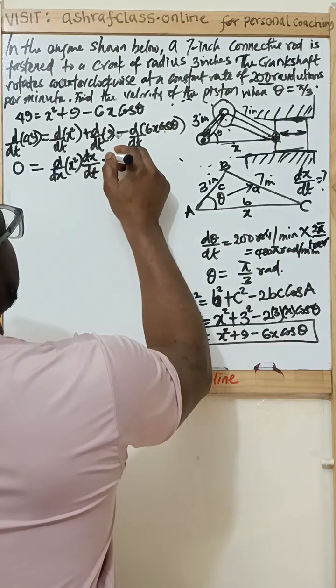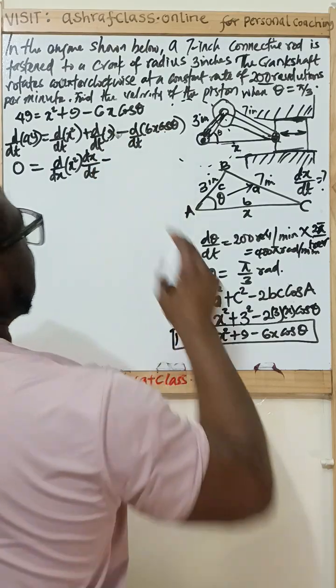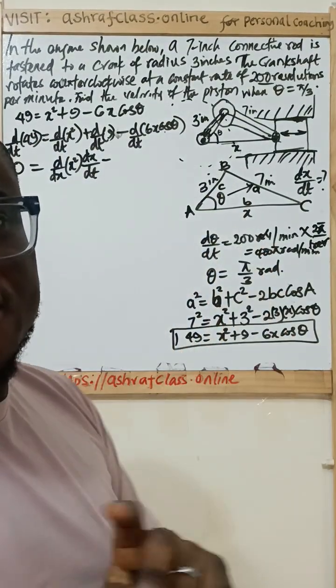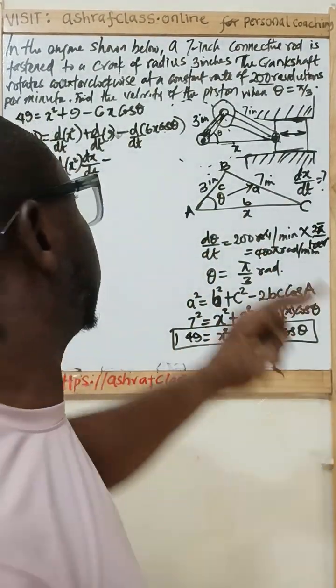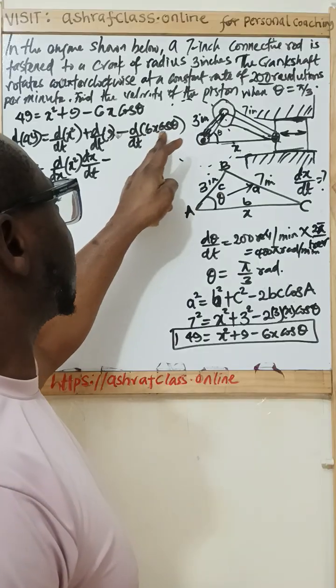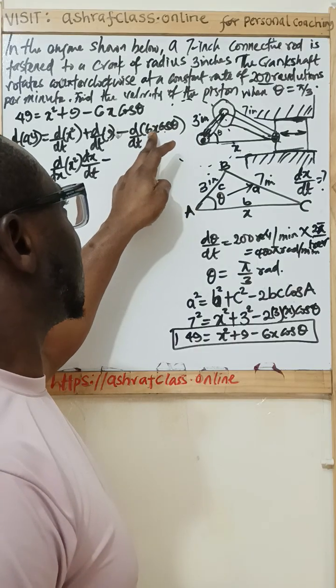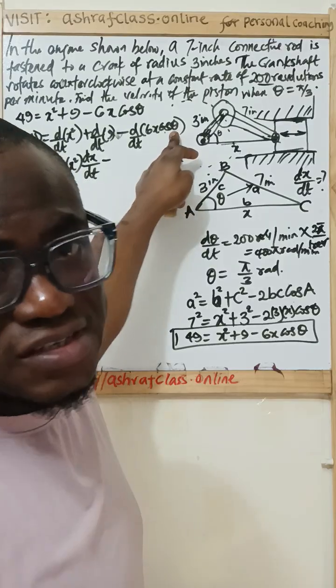Now we differentiate 6x cos theta. We apply the product rule because there are two functions involved: 6x and cos theta.